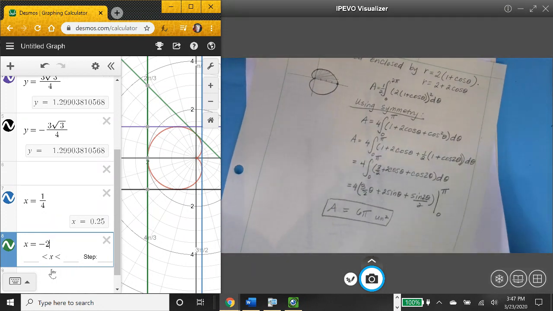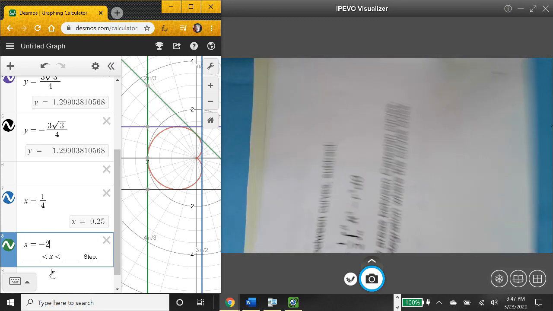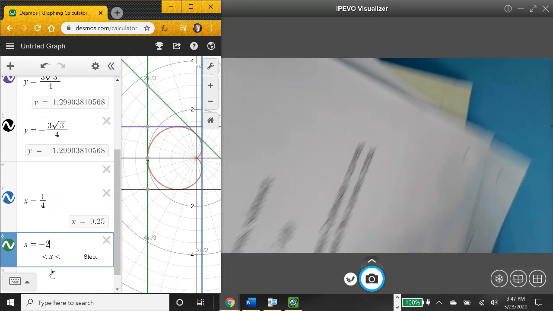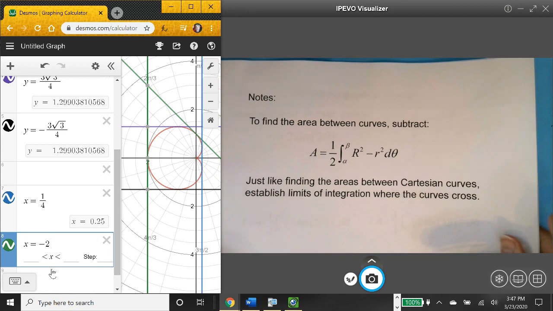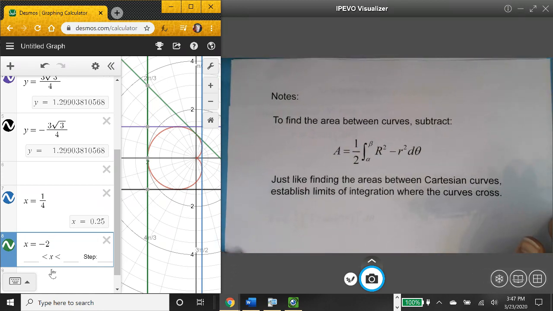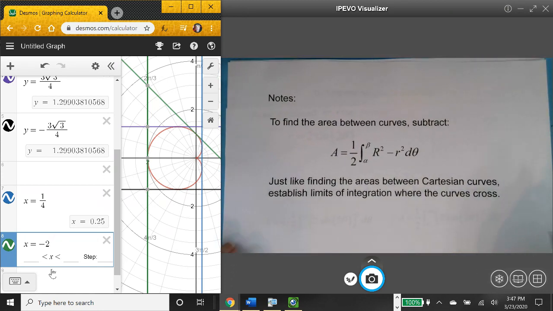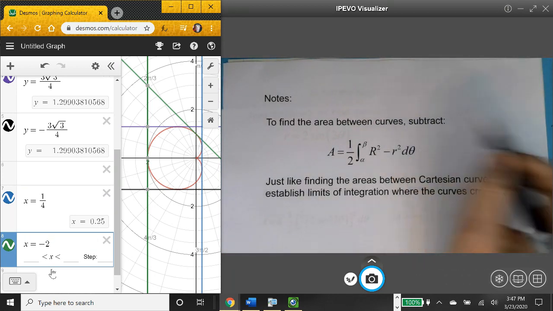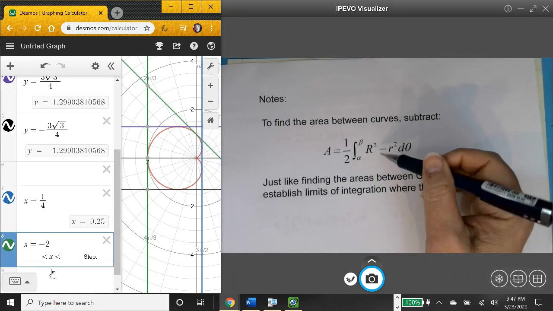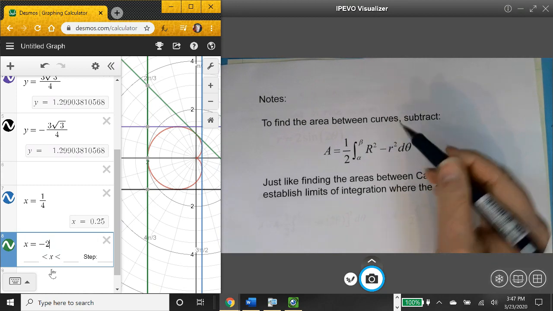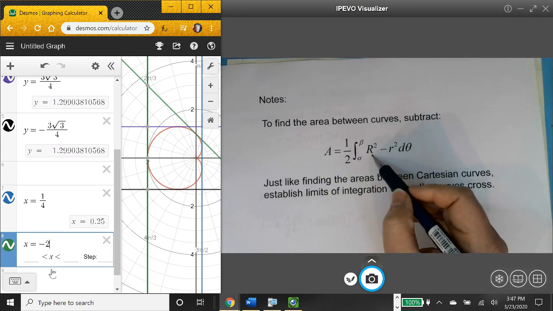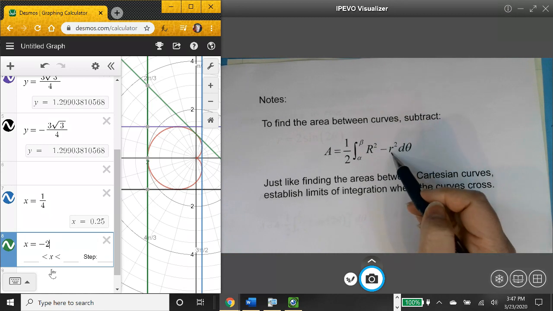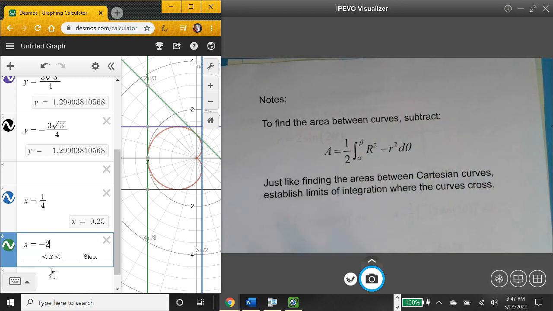Well, what happens if we have more than one curve? Oh no, yikes. And we have two curves. Well, what happens is we subtract the littler curve's triangle from the bigger curve's triangle, and it's just outer squared minus inner squared.